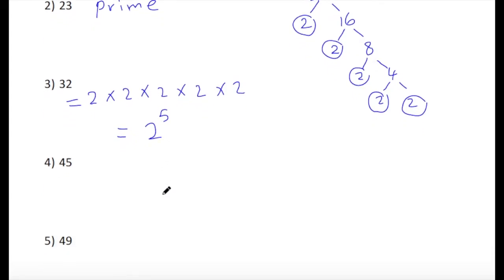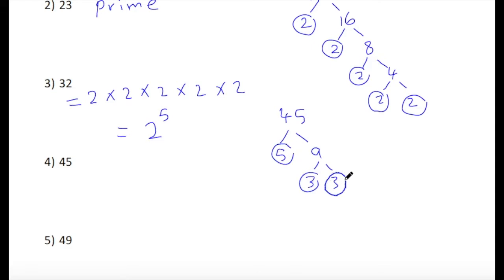Next, 45. 45 can be written as 5 times 9. 5 is prime, but 9 is not. We can write it as 3 times 3. So now we have 5, 3, and 3.